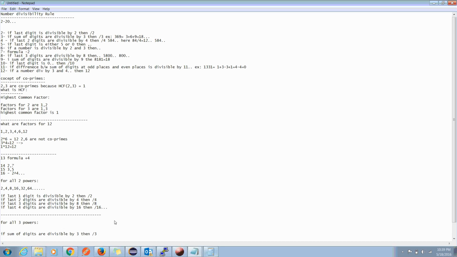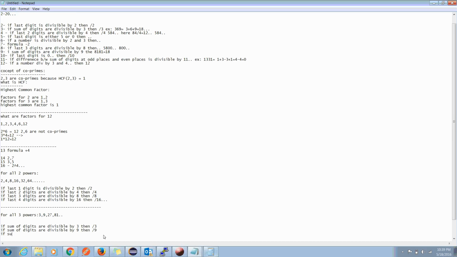What are 3 powers? 3, 9, 27, 81 and so on. If the sum of digits is divisible by 9, then that number is divisible by 9.